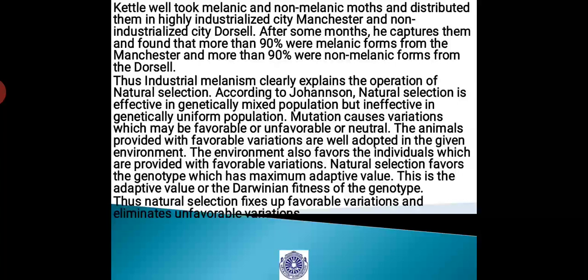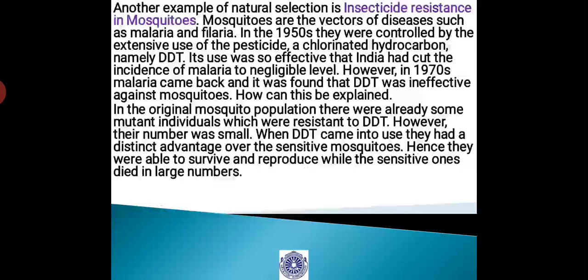So, natural selection favors the genotype which has maximum adaptive value. This is the adaptive value or the Darwinian fitness of the genotype. Thus, natural selection fixes favorable variations and eliminates unfavorable variations. So this could be one of the best examples for natural selection.